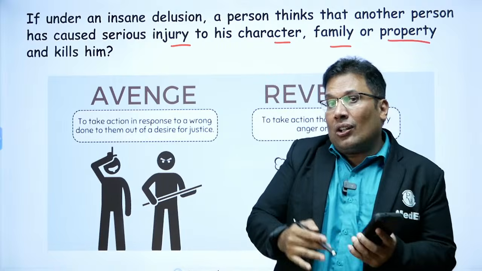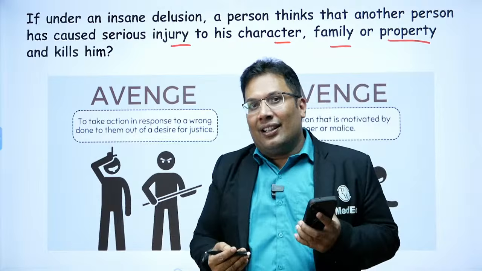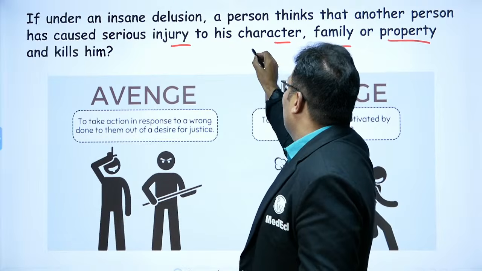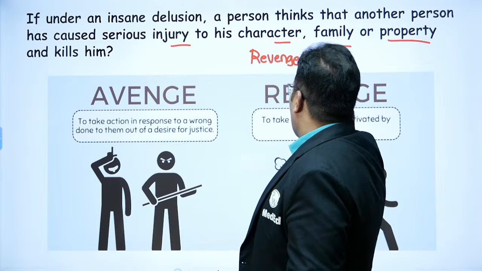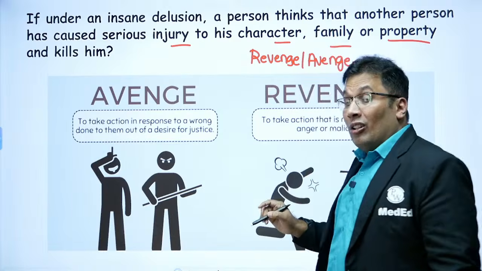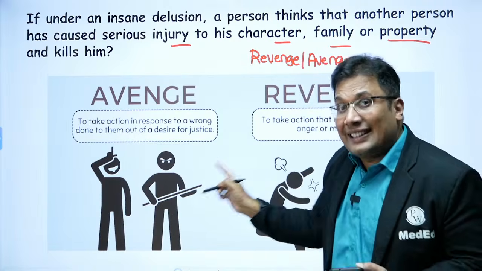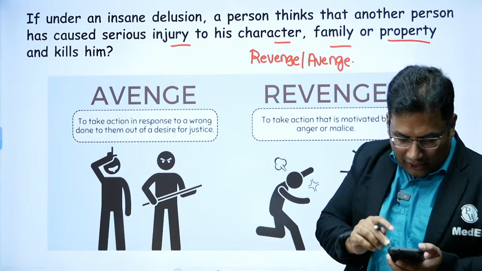And he killed all these people, and there is a motive. The motive is revenge, or avenge. So my question is, will he be held responsible for this or not? Now try to answer.